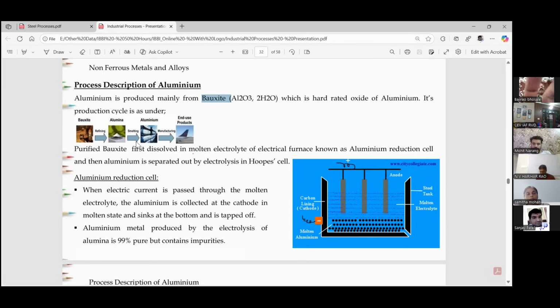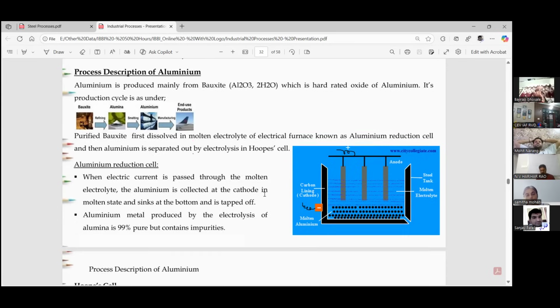So in an electrolysis process, a solution of the bauxite is placed in an electrolysis set. Okay, anode and cathode are immersed into this. So when the reaction takes place in the bauxite, aluminum, which has a positive ion, will be attracted toward the cathode and will get deposited over the cathode. So whenever the process is completed, the cathode is removed and whatever aluminum is deposited over the cathode is removed.